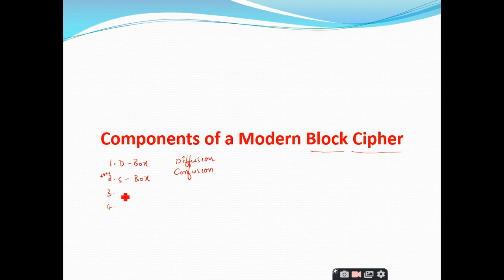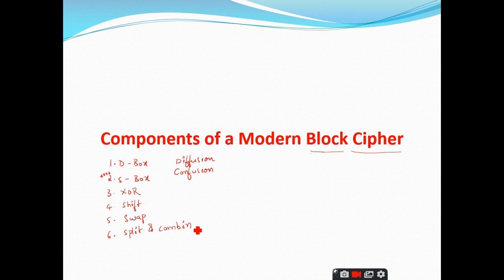Other than this, we have already discussed that we have some more components in the modern block cipher, such as XOR, shift, similarly swap is also there, and similarly we have split and combine.